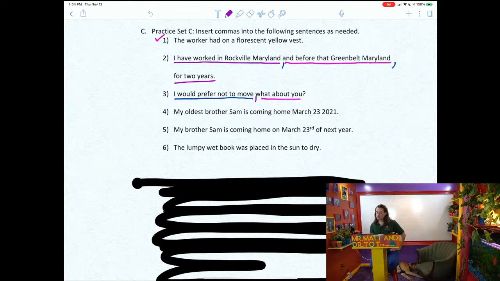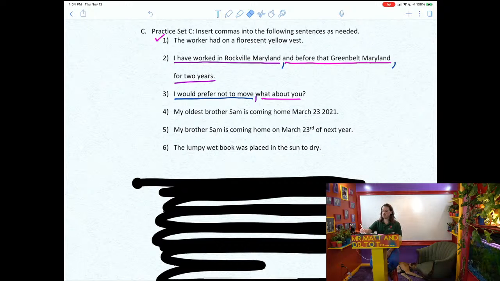Number four, my oldest brother Sam is coming home March 23, 2021, versus number five that says my brother Sam is coming home on March 23rd of next year. So two things. First of all, the difference between 4 and 5. The first difference is that in number 4 we have my oldest brother Sam, and in number 5 we have just my brother Sam.